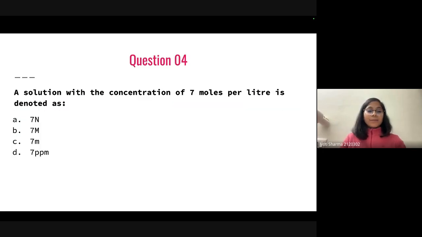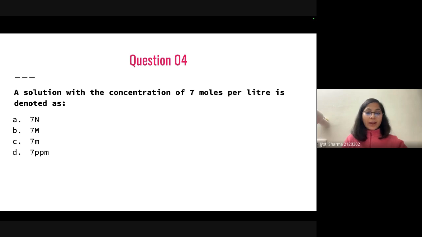Okay, this is again a very simple question. A solution with the concentration of 7 moles per liter is denoted as. Okay, Angela gave me 7 M. Anybody else?